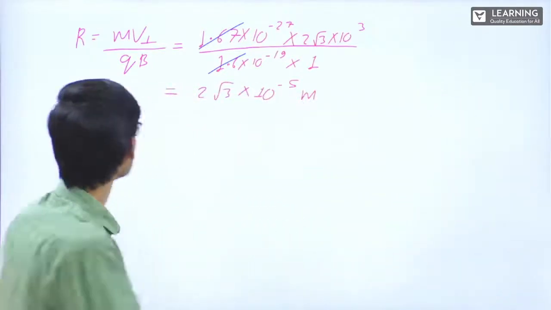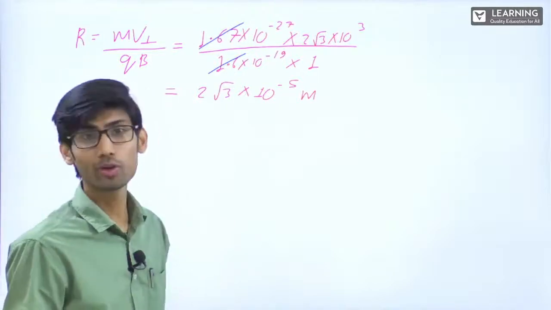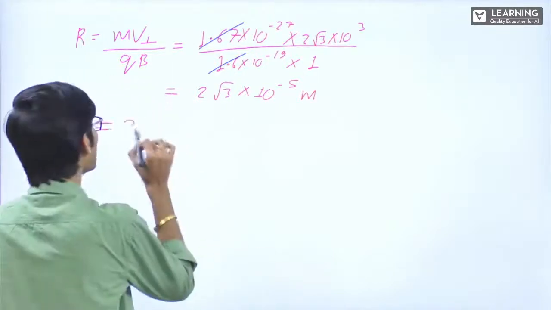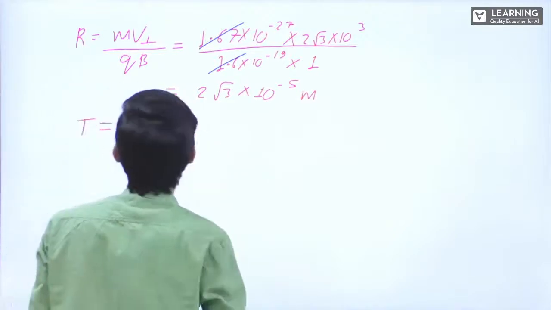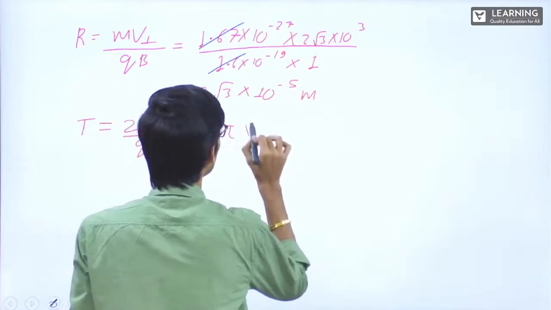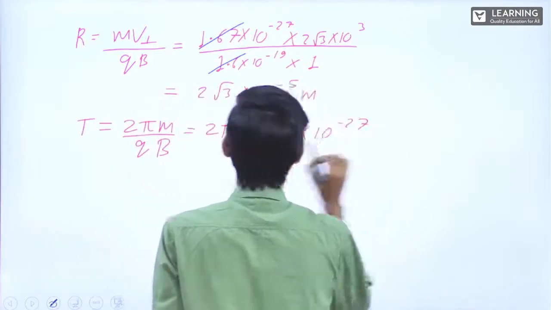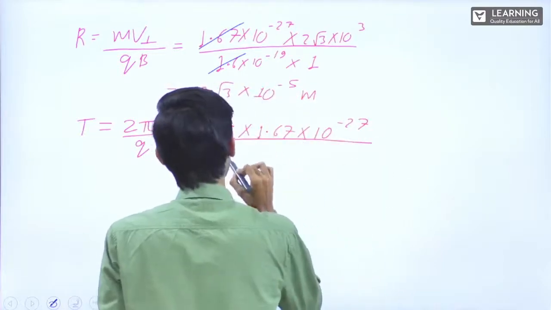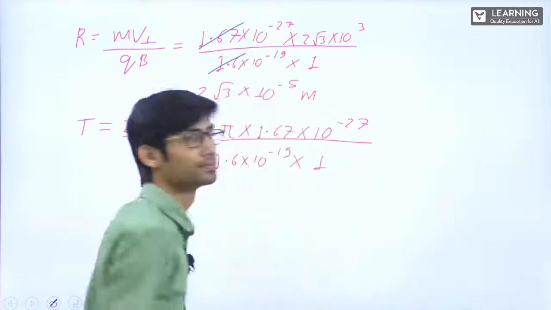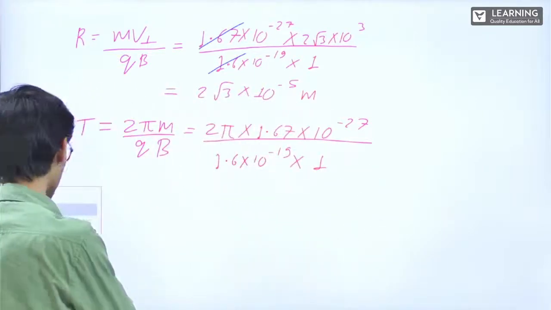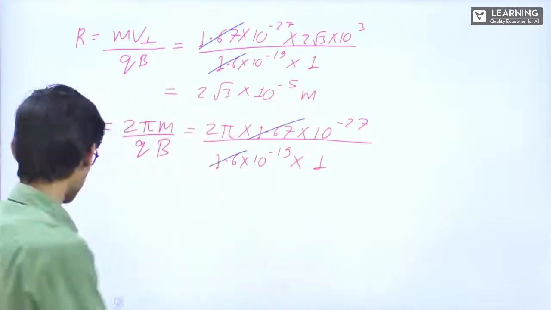Now time period they are asking. What is the time period? 2 pi m upon qB. It is independent of the velocity. 2 pi m upon qB is equal to 2 pi into 1.67 into 10 power minus 27 divided by 1.6 into 10 power minus 19 into 1 Tesla. Correct? Again, this and this I am cancelling. Approximate answer I am taking out.